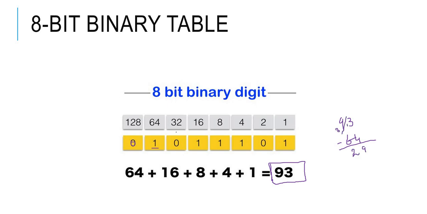Now 29 is smaller than 32, that's why we're putting a 0. But it is greater than 16, that's why we're putting 16 over here. Then we're going to subtract 16 from it as well, and then we get 13.